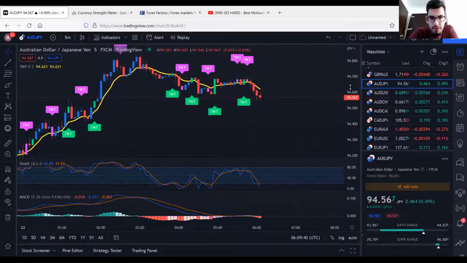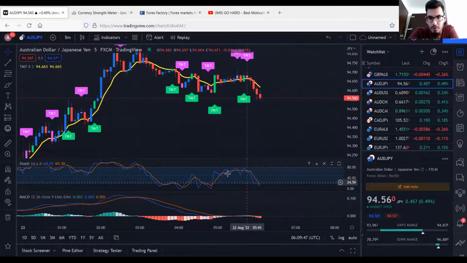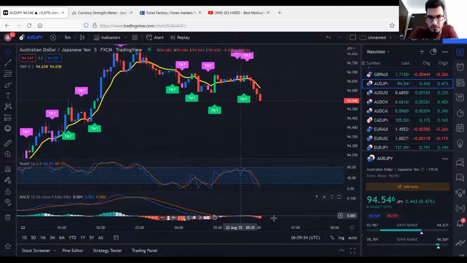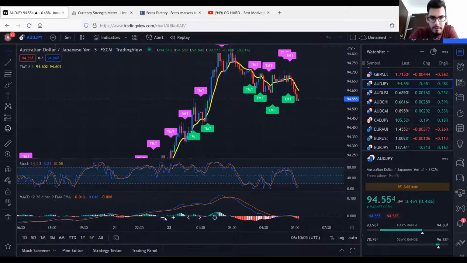As you know, AUD JPY is bullish, so it's already in a good condition. Because when we enter a bullish market, we would like to see the stochastic oversold and MACD oversold as well. So let's look for support resistance. I feel like this area is good, but we might not have time for it.